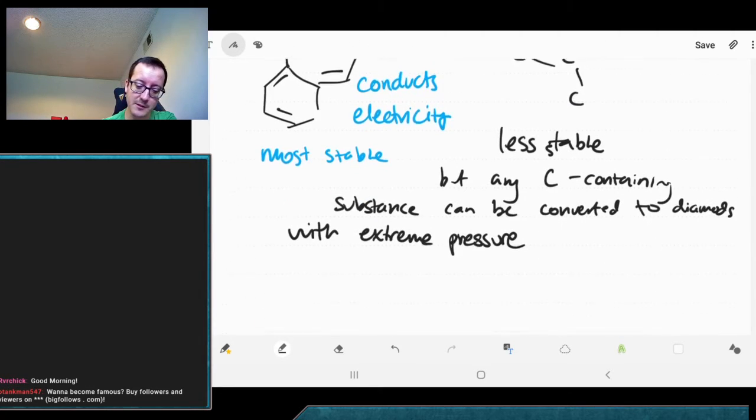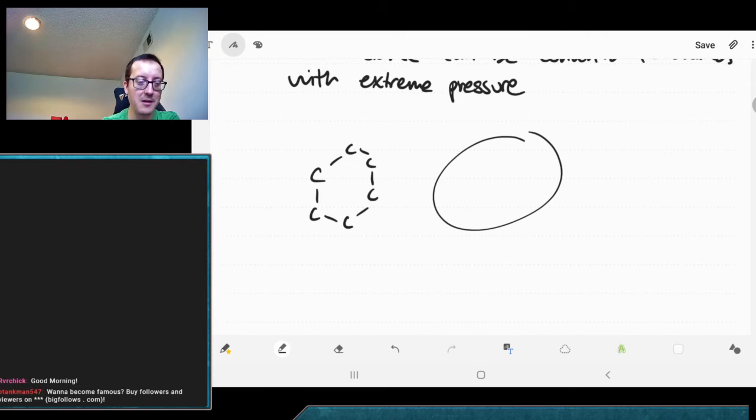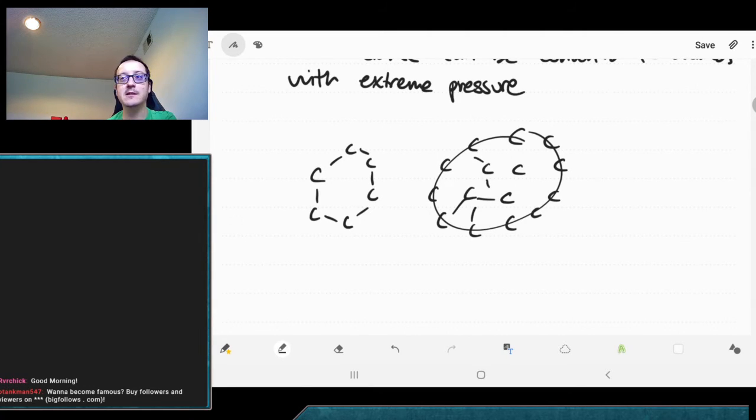The last one, Bucky balls, are interesting. I can't draw these, but they form kind of spheres with carbon all over the place. 60 carbon atoms forming a sphere. Those are called Bucky balls.